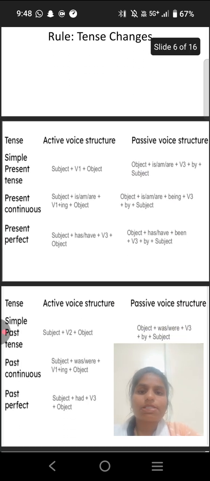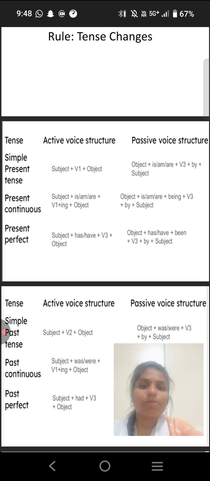In simple present tense, in active voice we have subject plus V1 plus object. In passive voice, object plus is or am plus V3 plus by plus subject. In present continuous tense, subject plus is or am plus V1 plus ing plus object.